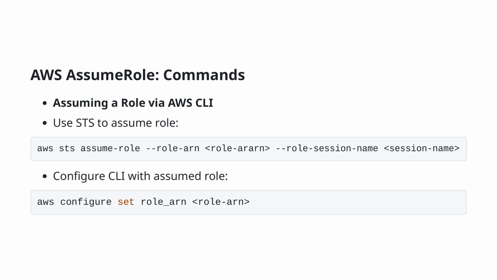Following this, you need to configure the AWS CLI with the assumed role by executing aws configure set role_arn. This step ensures that your AWS CLI operates under the security context of the role you've assumed, facilitating secure cross-account access. Understanding and executing these commands effectively enables you to harness the capabilities of AWS AssumeRole, meeting the access needs within your organization.